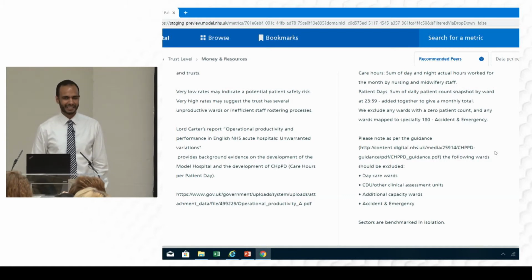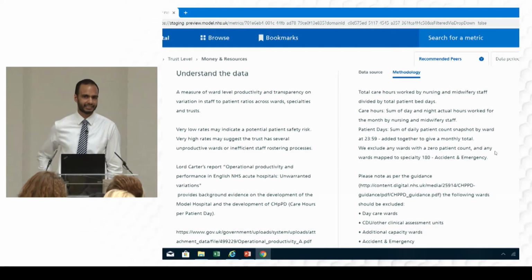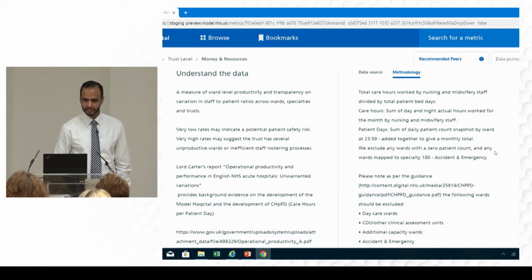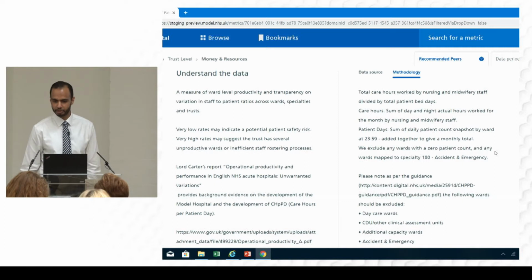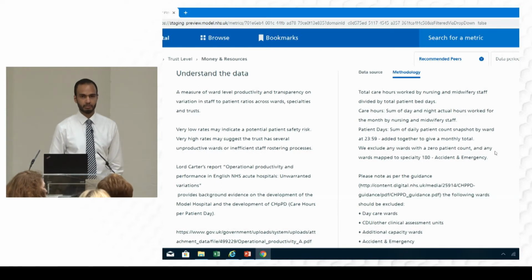Yes, I am well aware that people like me are looking at this figure, and that's why I'm encouraging you all to look at Model Hospital more holistically, or encourage the people who are telling you there is a problem with your CHPPD data to look at the wider picture and correlate it with some of the patient outcomes and with the retention rates and with bank and agency rates within your organisations. And that is what the specialty ranges will hopefully achieve as well.